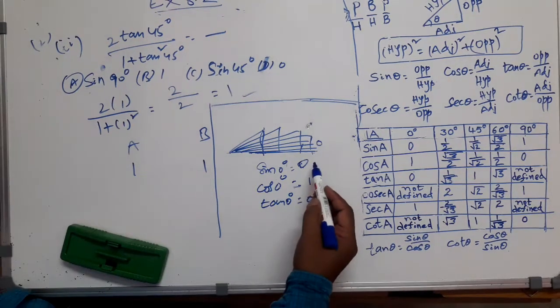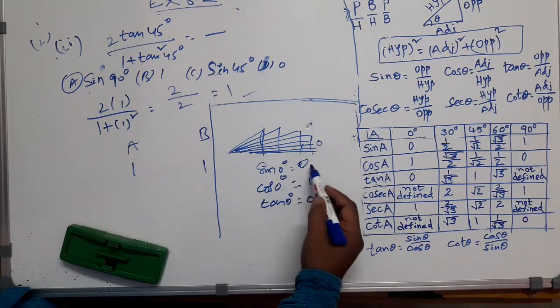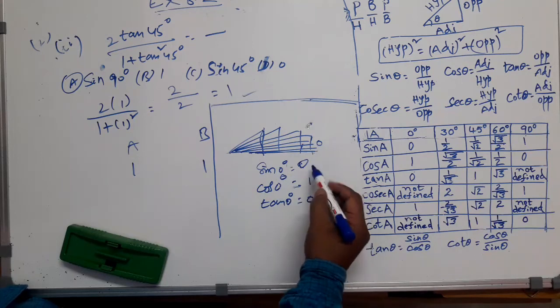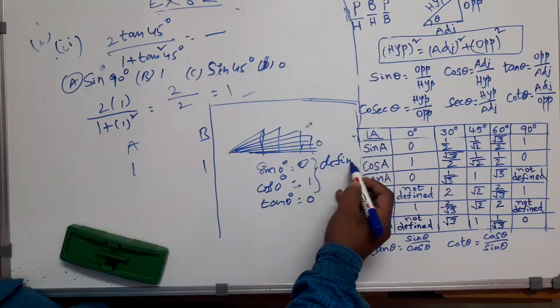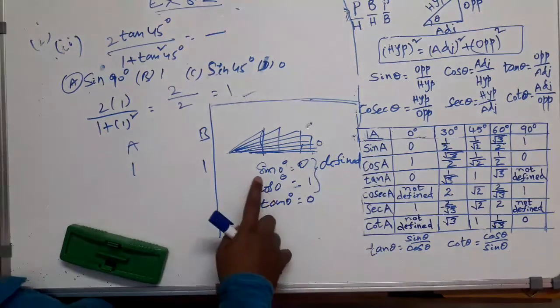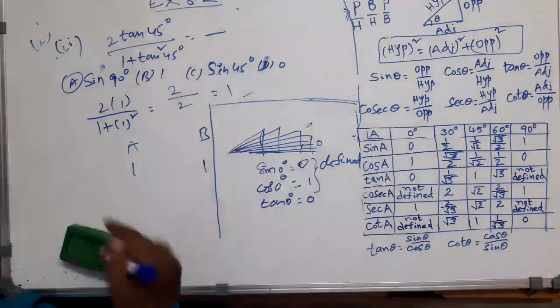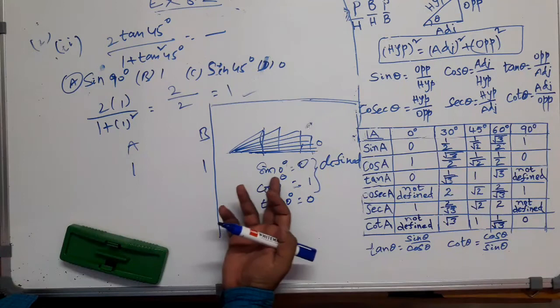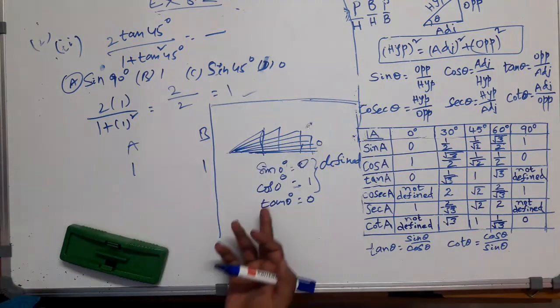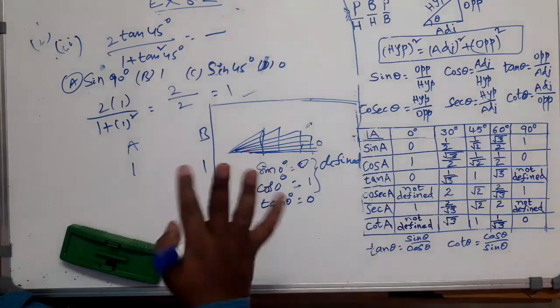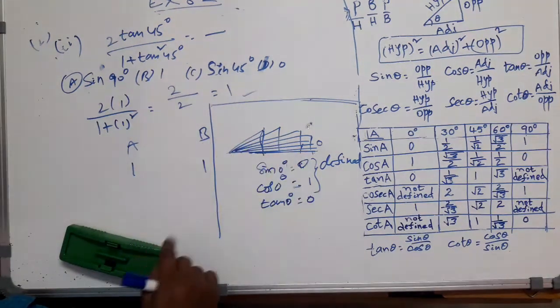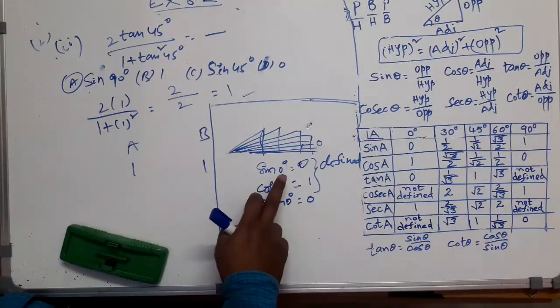Then what we have considered is that these two are definitions. Let us define sine 0 degrees as 0. Let us define cos 0 degrees as 1. That's how we have considered. So by definition itself, sine 0 degrees is 0.